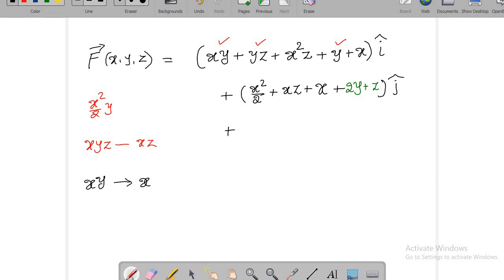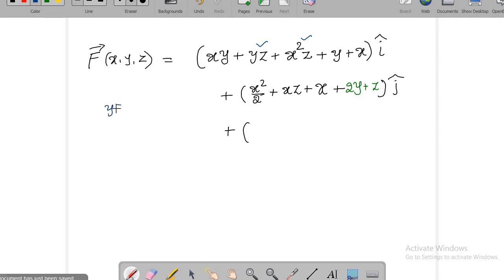Next, plus. So what are the terms in the k coefficient? This time you need to identify the terms which involve z in the first expression as well as in the second expression. First, let me take care of the first expression. Z is here and z is here. Now let me write the corresponding terms. Y into z.